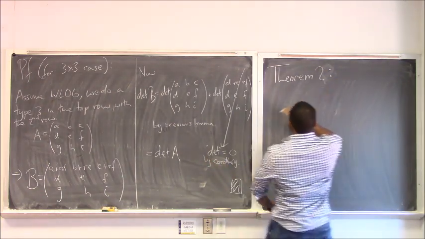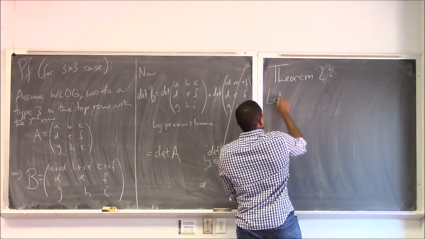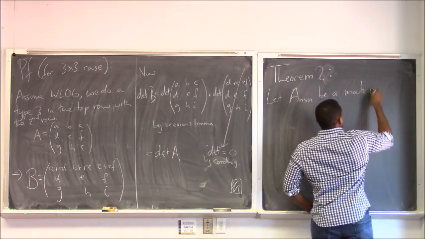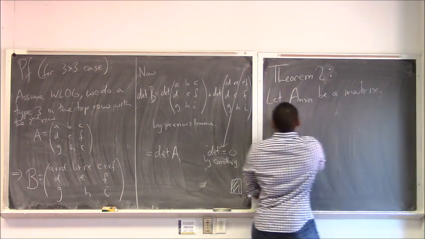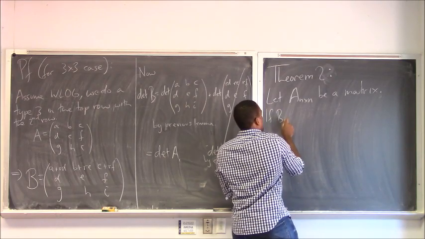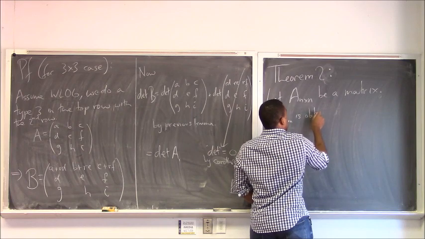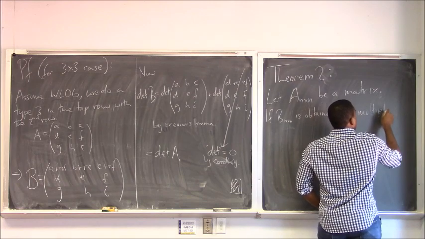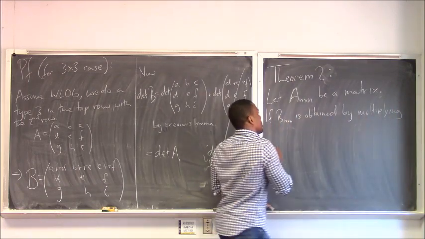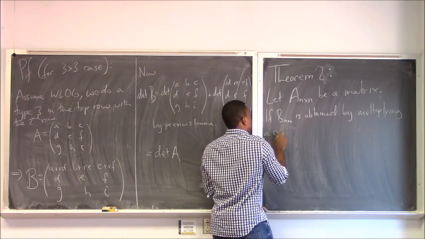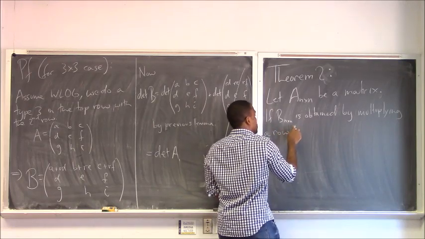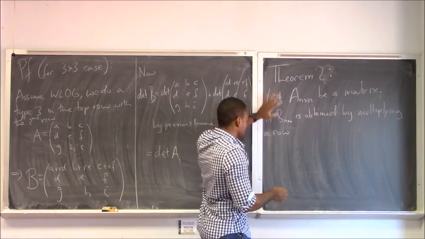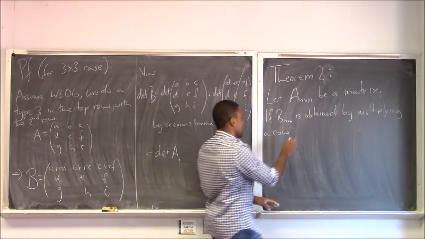Here's another thing. Let A, n by n, be a matrix. If B, n by n, is obtained by multiplying a row of A. Could be row or column, but anything I'm saying to do with rows will also apply to columns, because I'm going to say something about transpose later.